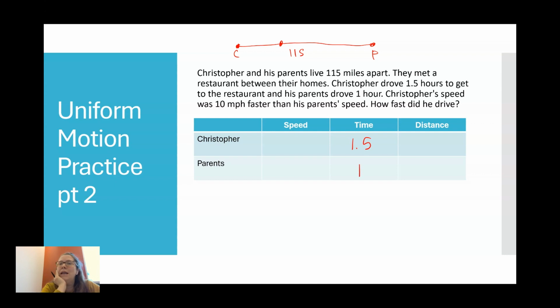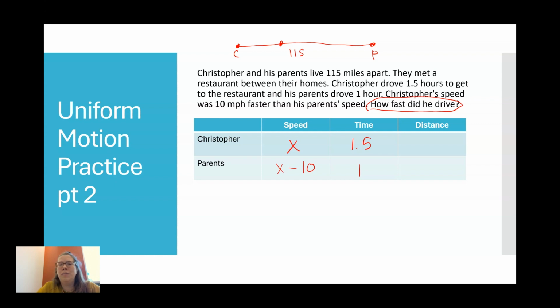Christopher's speed was 10 miles an hour faster than his parents' speed. How fast did he drive? So since my problem is asking me, how fast did Christopher drive? I'm going to put that in as my x because that's the thing I want to know at the end. I know he drove 10 miles per hour faster than his parents. So that means his parents were going 10 slower than him.